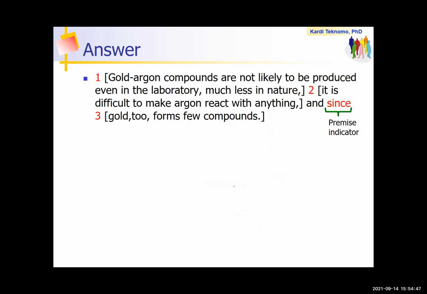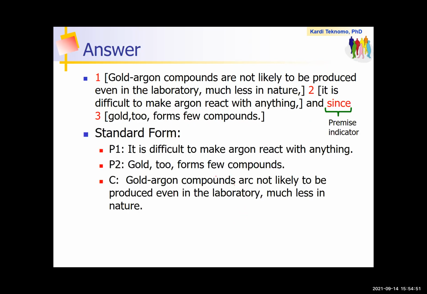How about earlier? The same thing, yeah. So in the earlier one you said the conclusion is number 1, right? So in this case, how do you make a diagram? Okay.